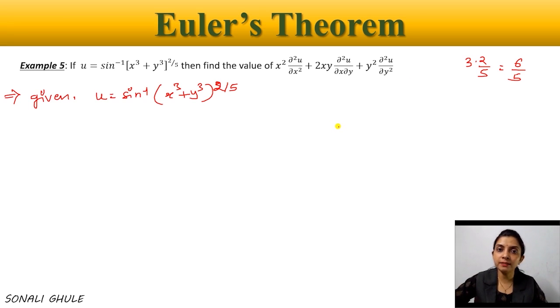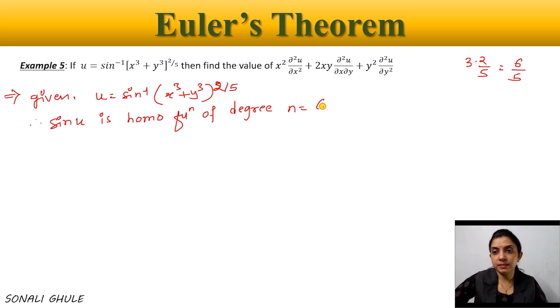But who is homogeneous? Not u. Your sine u is homogeneous. So here, sine u is a homogeneous function of degree n equal to 6 by 5.